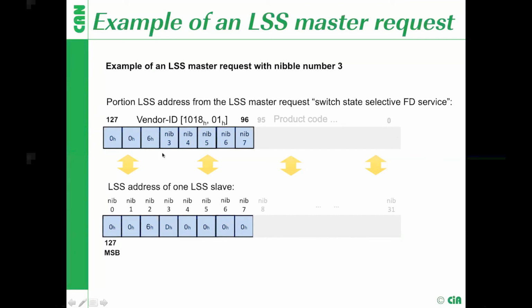We can see the neighbor number 3 of the LS master request is still unknown, and the values from neighbor 0 to neighbor 2 are known. The LS slave received this request, compares to the LS address itself and sees the numbers are the same from neighbor 0 to neighbor 2, and then the LS slave will send a response with the value of the neighbor number 3 back to the LS master.